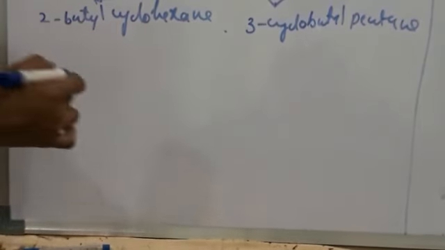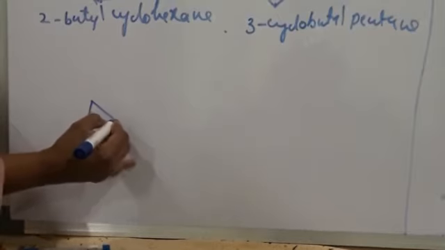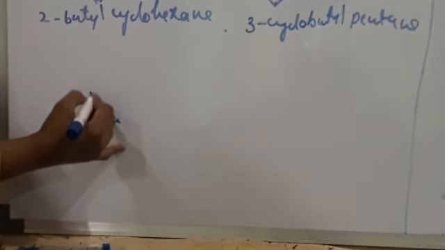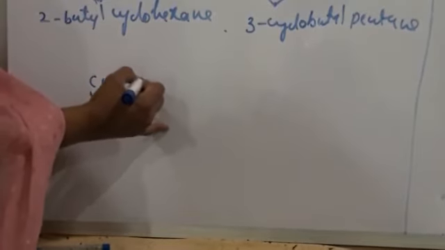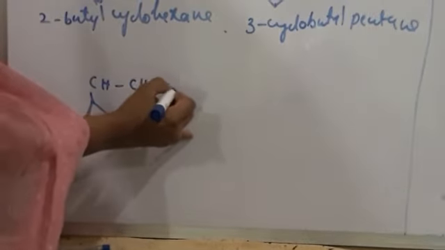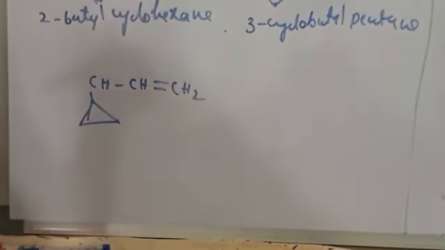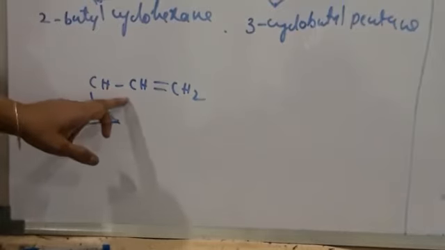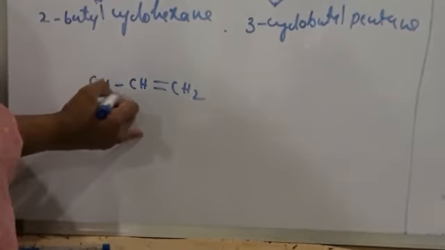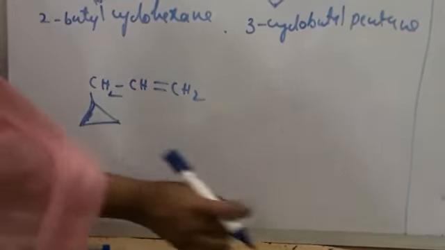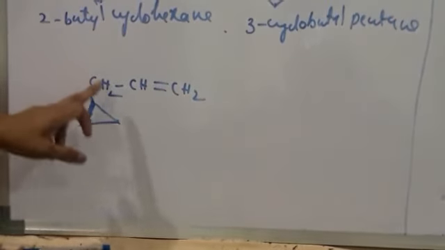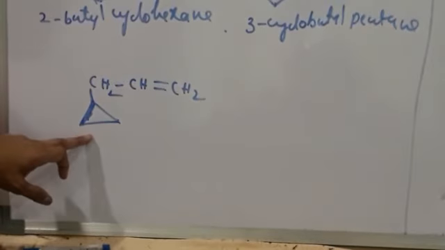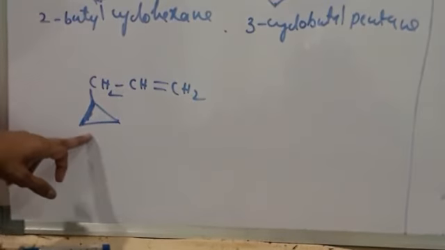For example, take this cyclic compound. Valency must be satisfied with 4 for carbon. Here this is the main chain and the ring itself is a substituent.